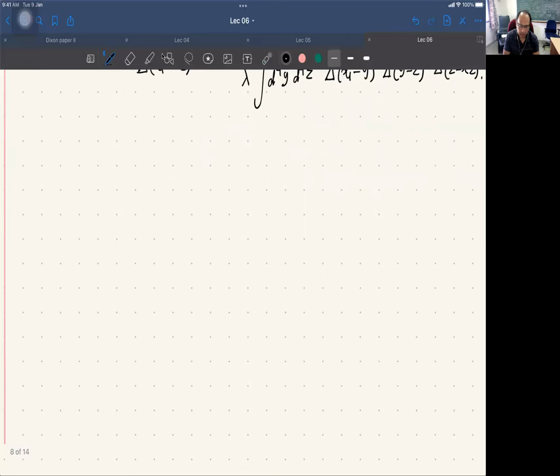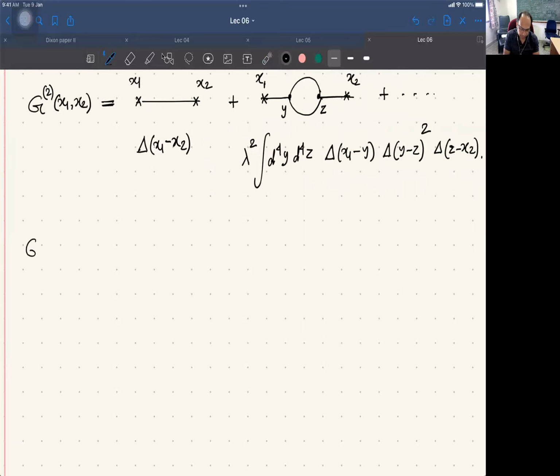Similarly, let's calculate G3. Of course, the simplest diagram that you can draw, so these are the 3 points, x1, x2, x3, and the simplest is to connect them by the vertex lambda.